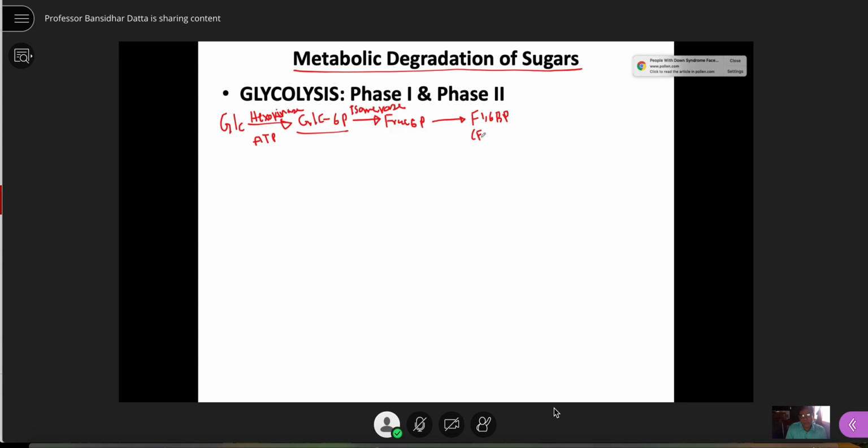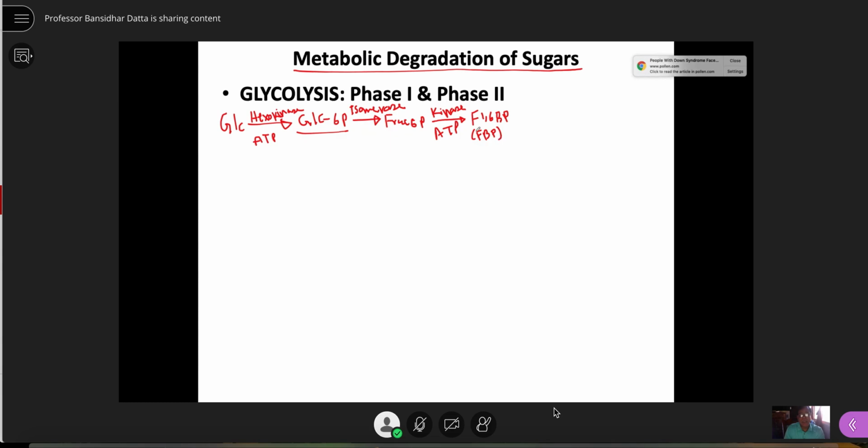F for fructose, B for bis meaning 2, phosphate meaning phosphate. The kinase here is called PFK, phosphofructokinase, and it uses ATP.